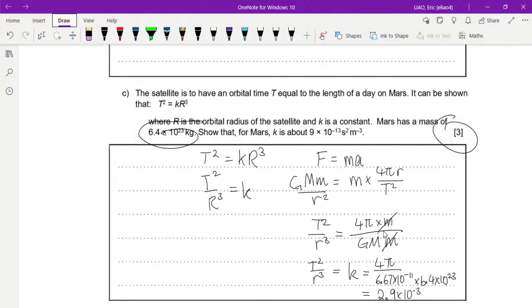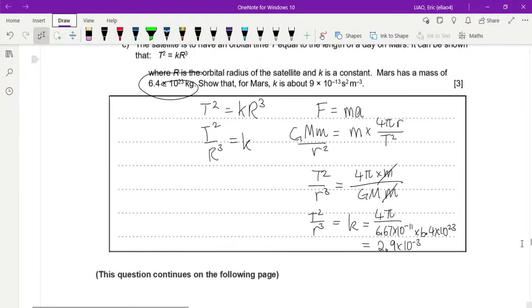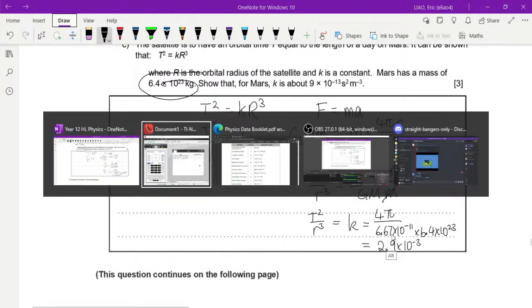And since this is 3 marks, I'm scared that they might need units as well for this answer. So we know that 4 and pi are unitless. And what is G?